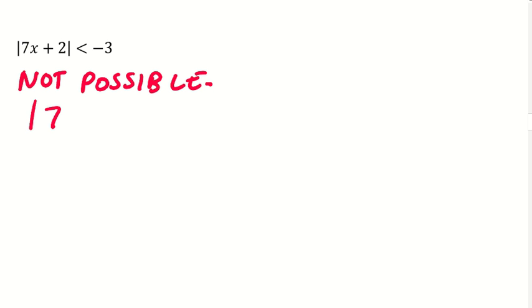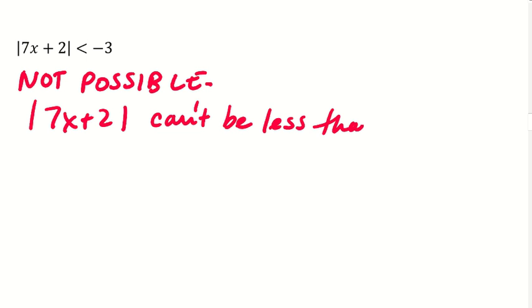The absolute value of 7x plus 2 can't be negative, so it certainly can't be less than -3. Since it can't be less than 0, it could never be less than -3, and we conclude that there is no solution.